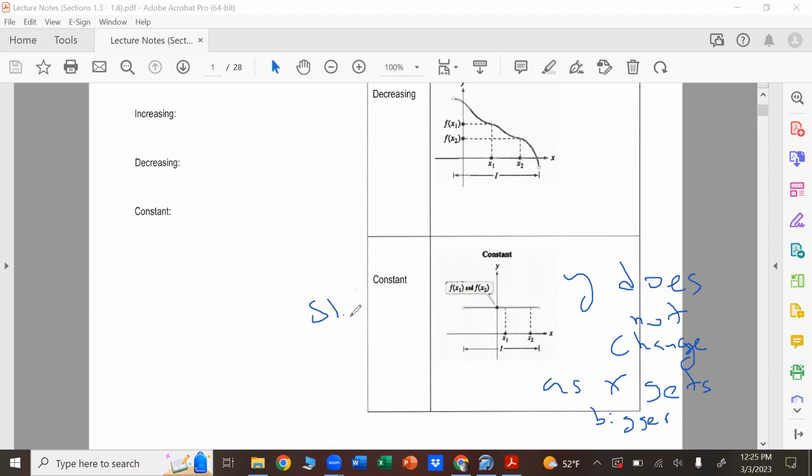Also, the slope is 0, as it should be, because you have a horizontal line. So it's just going to be horizontal lines. That's what's meant by constant. So again, increasing, the graph rises; decreasing, the graph drops; constant stays the same, no change. Hope that's intuitive.